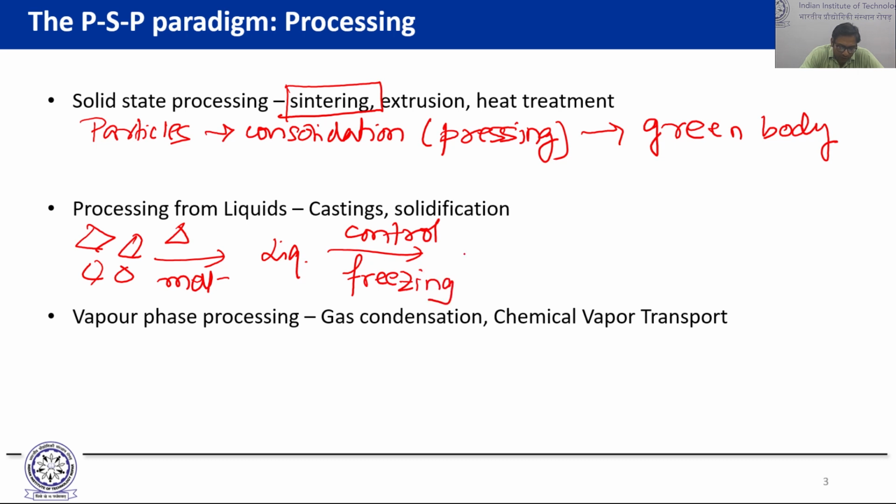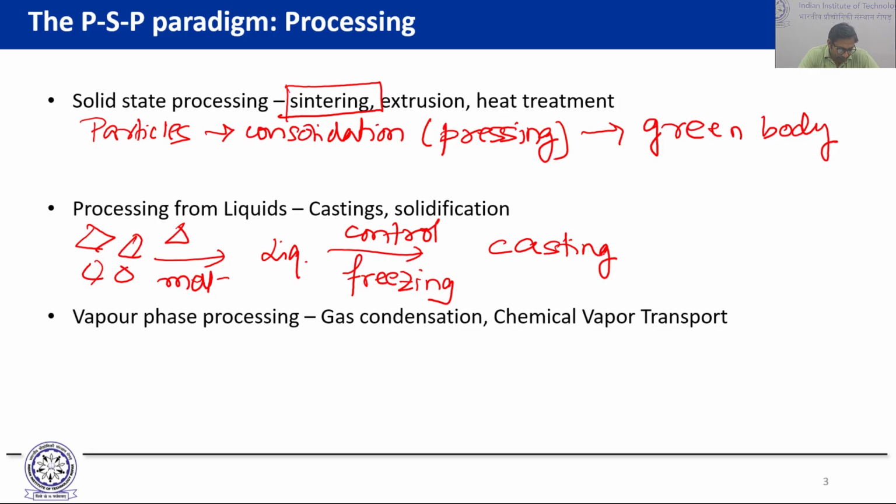As you control the freezing of the liquid, you will end up with your casting or your solidified product. By controlling how the liquid is being cooled, how it is being frozen, you can generate different types of microstructure. So this is another processing condition where your choice of the process parameter is going to affect the final structure of the material.